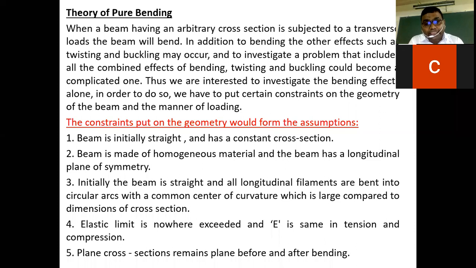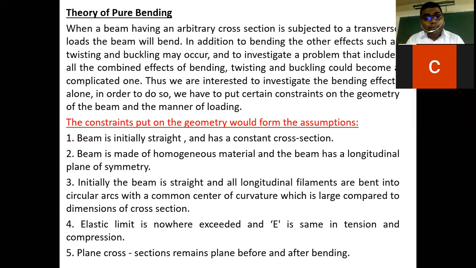Simply put, when you apply a load on the beam, there may be twisting, there may be buckling, and there is bending also.